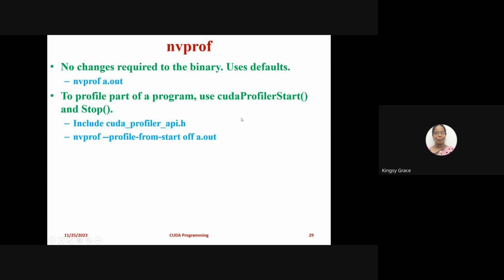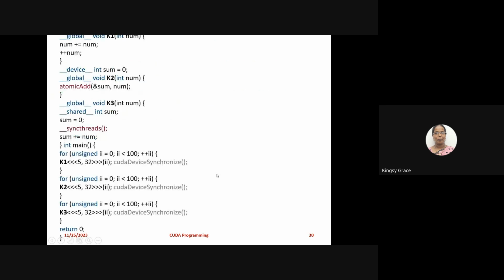You can also use the CUDA profiler as a part of the program. For that, you have to use the CUDA profiler start and stop functions. You have to include cuda_profiler_api.h, and it has to be started in this way. I didn't check it out, so if you want, you try that one.